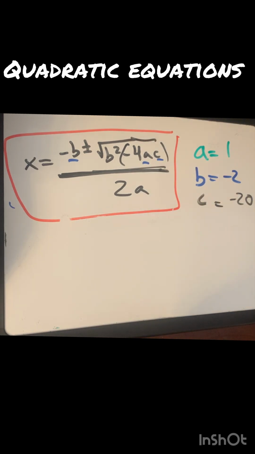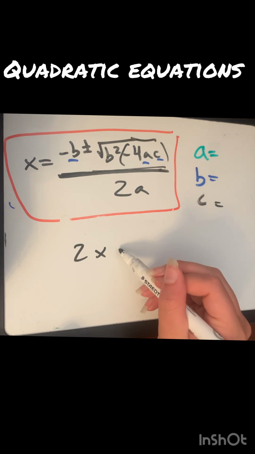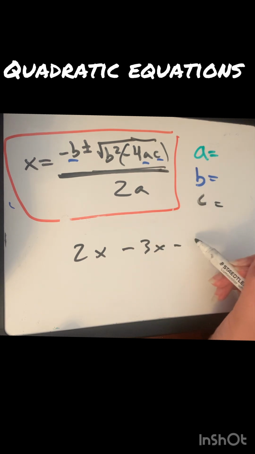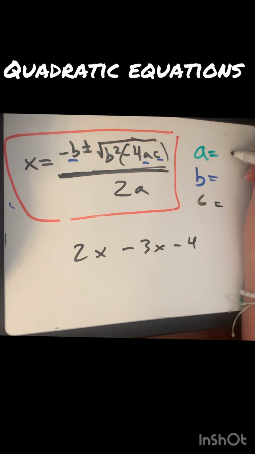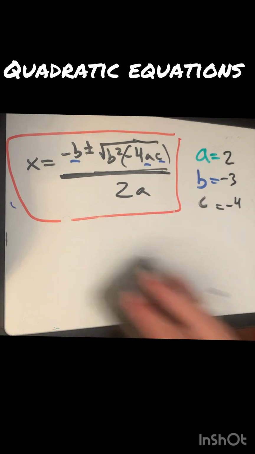And then the last one, which I'm just going to put the values for you guys because it'll be easier. If we have 2x² minus 3x minus 4, I'm no longer going to do color coding because this one's going to be quick and you'll see why. And you substitute them.